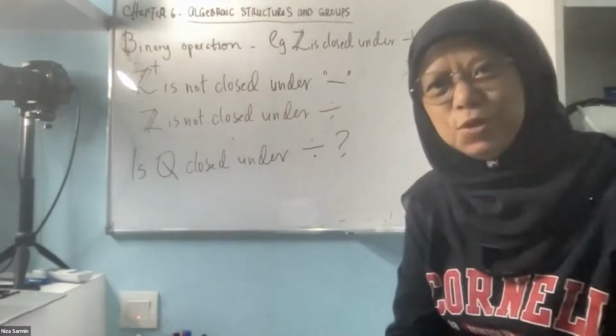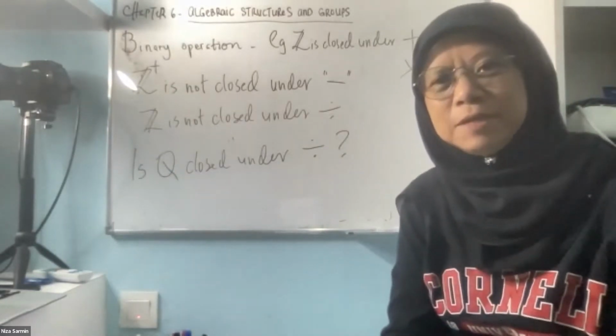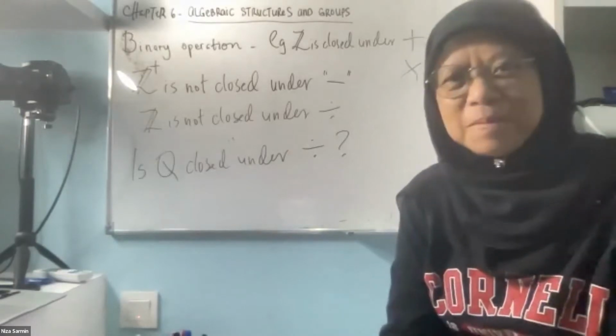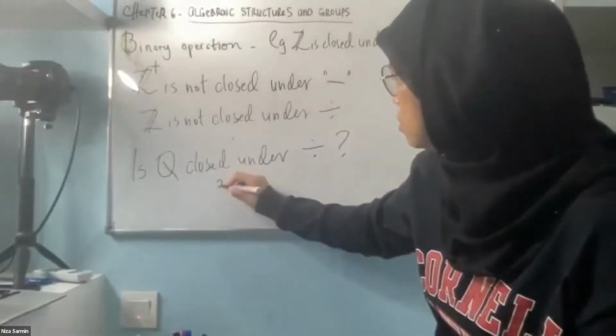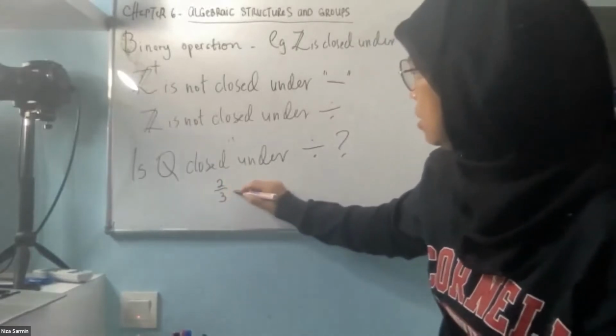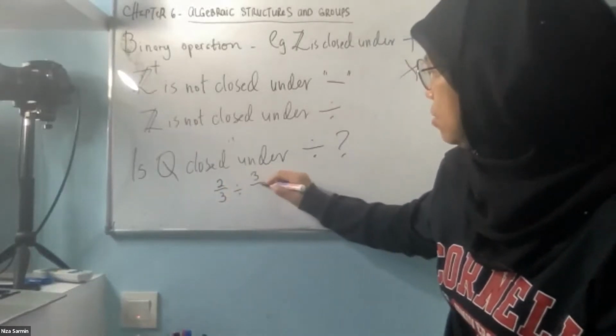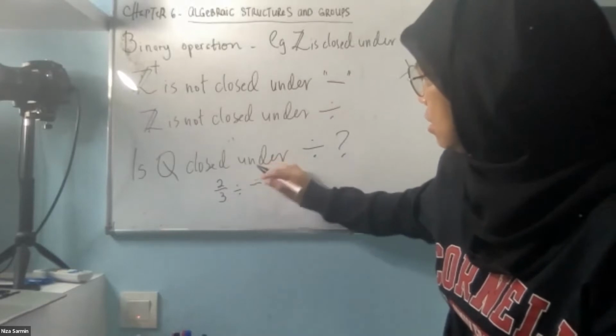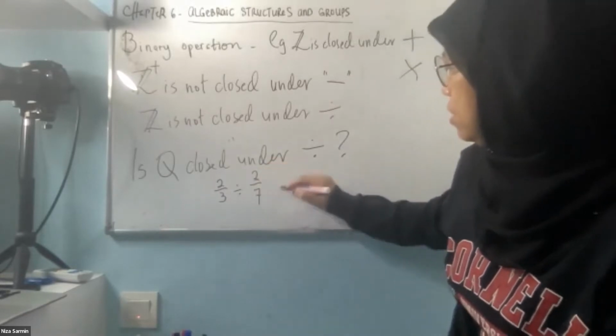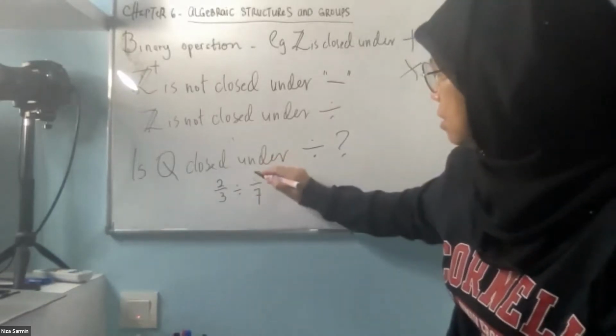this? Yes or no? Answer quickly. No. Why? You have 2/3. You divide like 3/, not 3, like 2/7. Oh, not the same one.